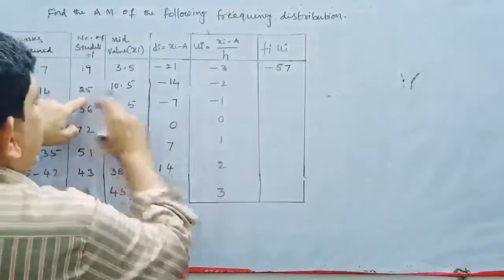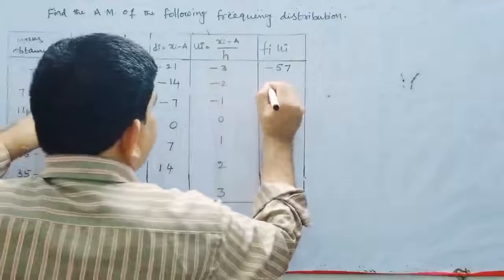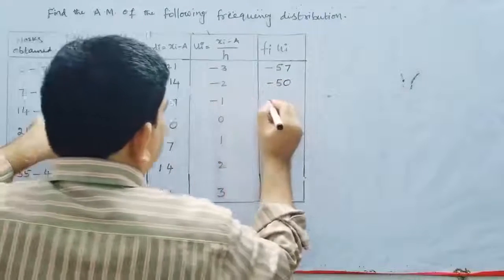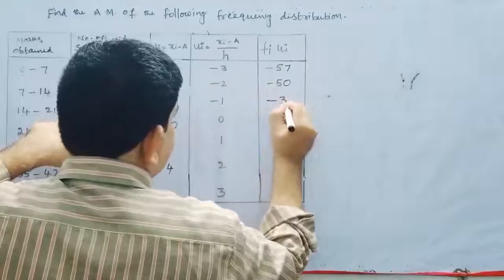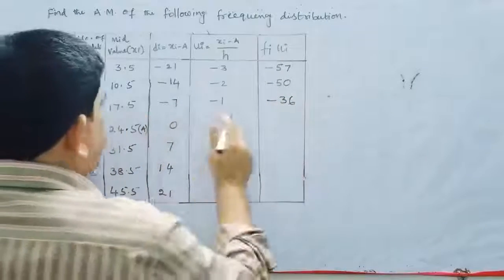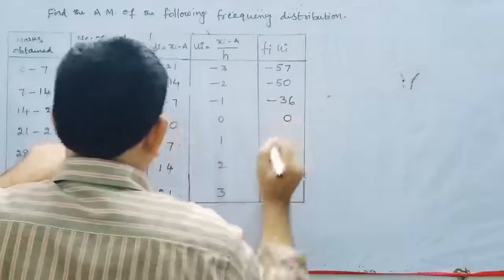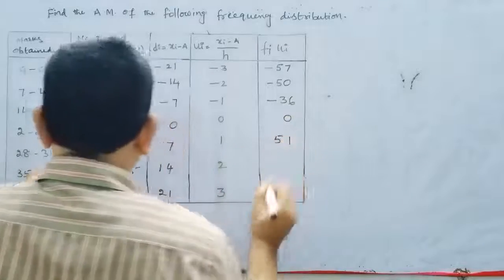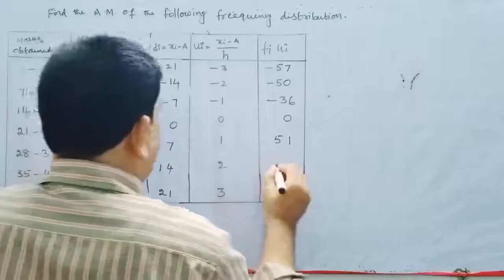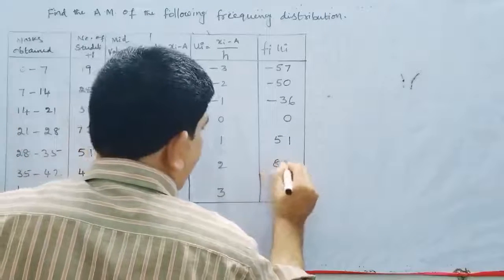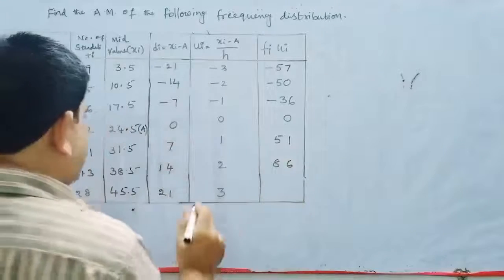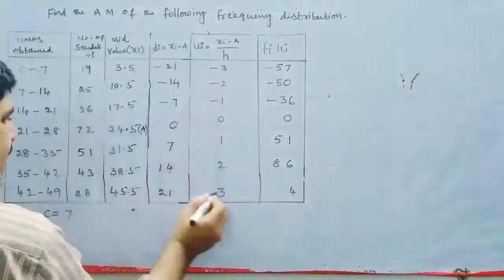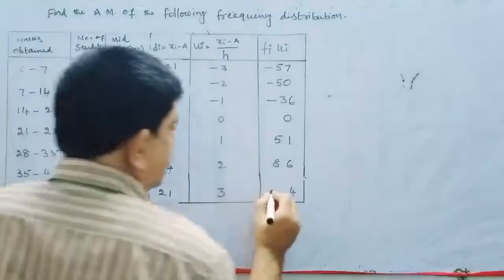Next 25 into minus 2, minus 50. 36 into minus 1, minus 36. 72 into 0, 0. 51 into 1, 51. Next 43 into 2, 86. Next one 28 into 3, 84.